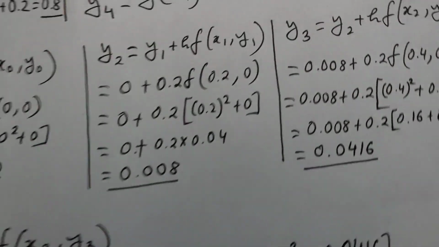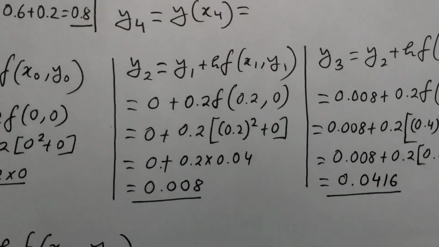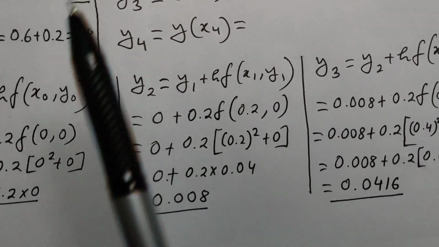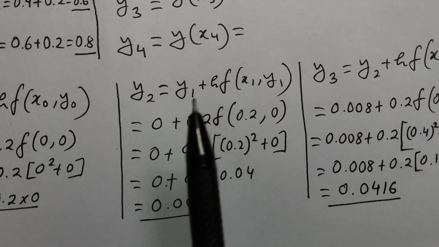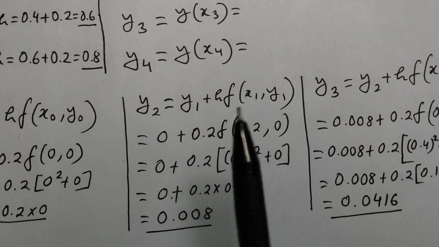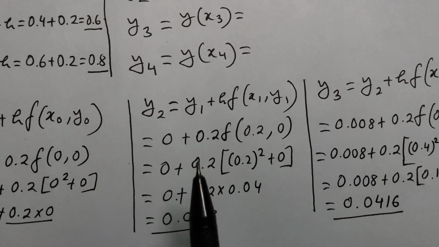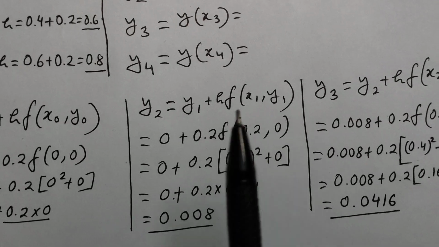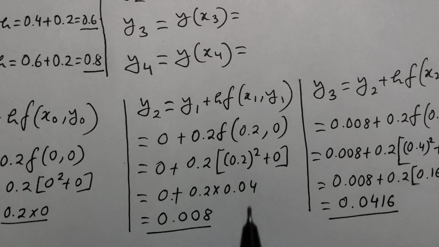Now y2, let us calculate the value of y2. How? Similarly, from Euler's equation, y2 equals y1 plus h f(x1, y1). Put the value of y1, x1 and h, right?